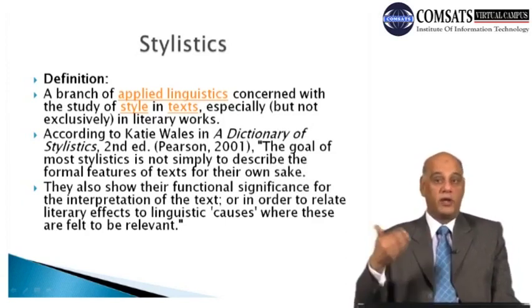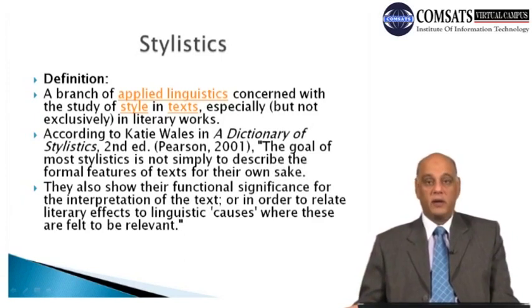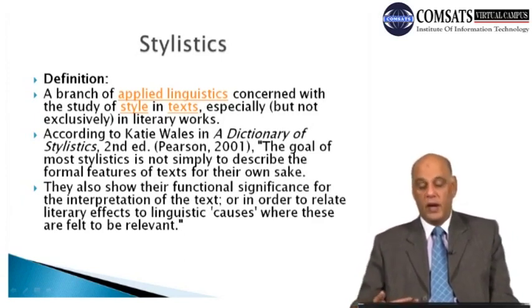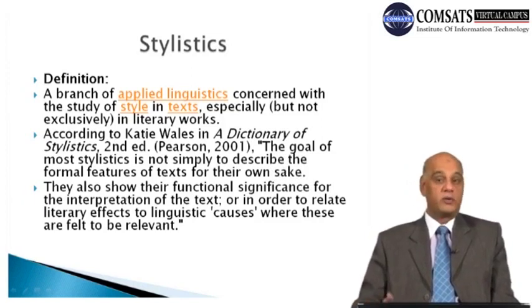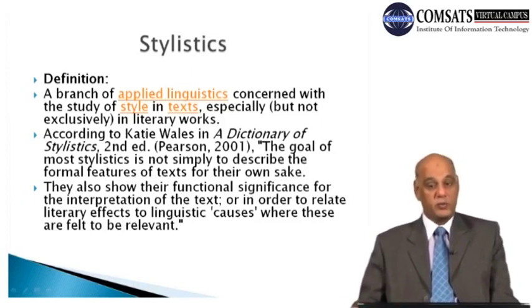You need to know about the literary style of the writer. You talk about so many other things beyond that, such as the age in which that text was produced. So it's not to describe the features for their own sake; you're explaining the features for different purposes.